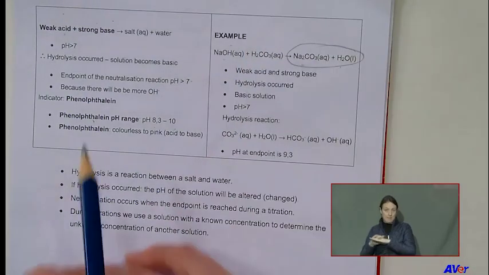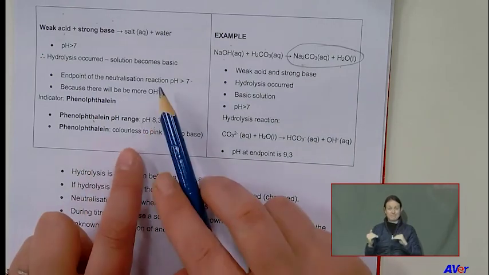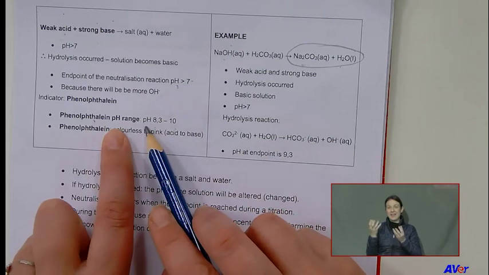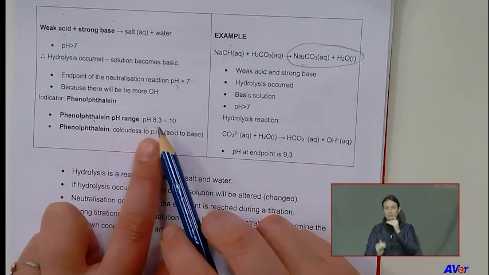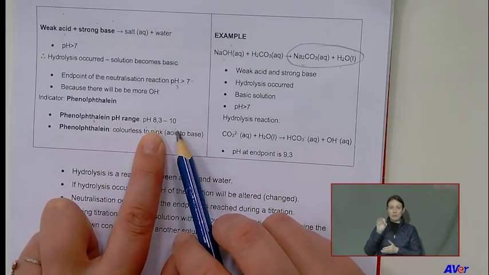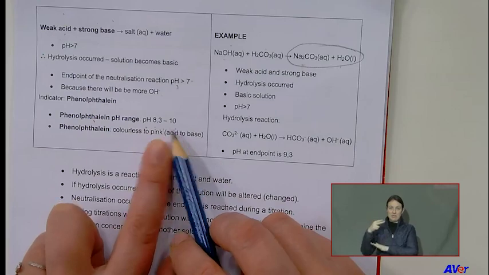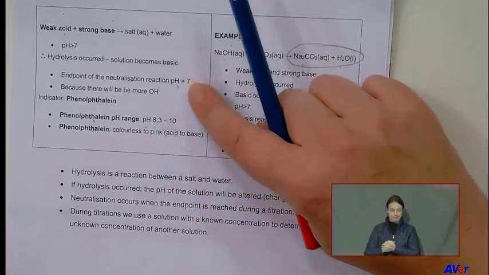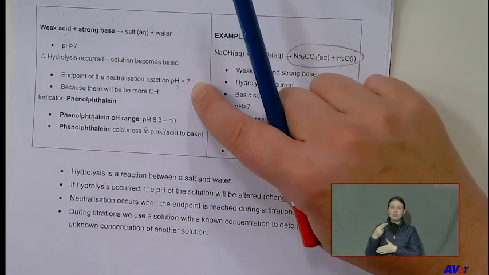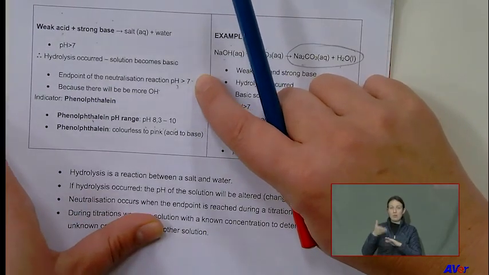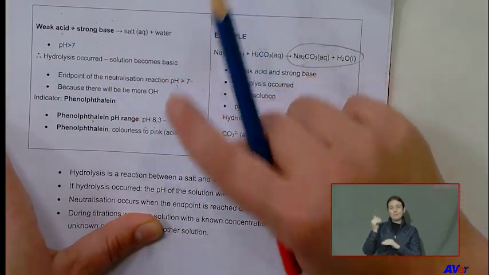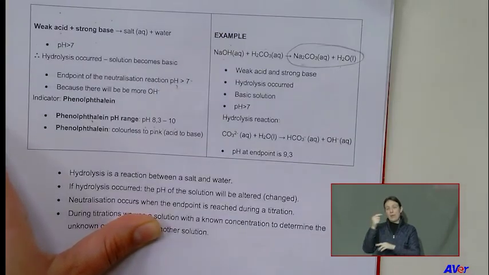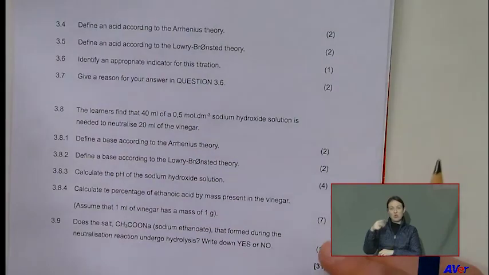And then the end point of neutralization will be greater than 7, and the pH range of phenolphthalein is 8.3 to 10. A pH of 8.3 to 10. So that is your second mark. Okay. So because the pH is going to be greater than 7, we need to use an indicator that has a pH range that is greater than 7. And in this case, it's going to be phenolphthalein.